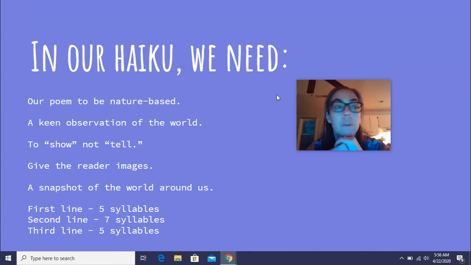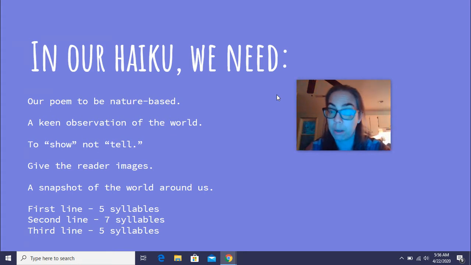And then if you see a downed log, like a tree that's laying there, and there are ants on it, you could write the poem about seeing the ants on the tree in the springtime, and that could be your poem. And all you have to do is put it in the 575 form.